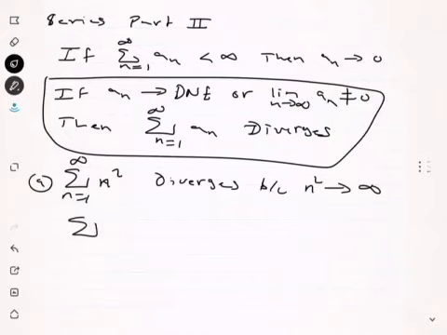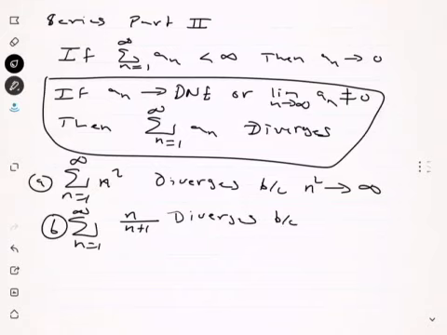This other series, we'll call it B, n divided by n plus 1, as n goes from 1 to infinity, diverges because the limit of n divided by n plus 1 is equal to 1, which is not 0.